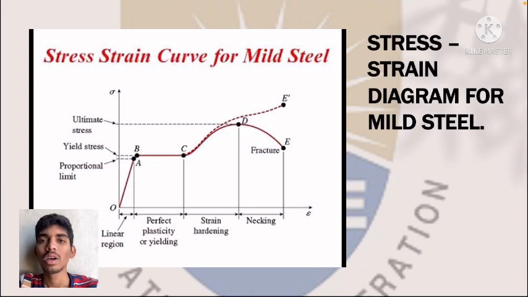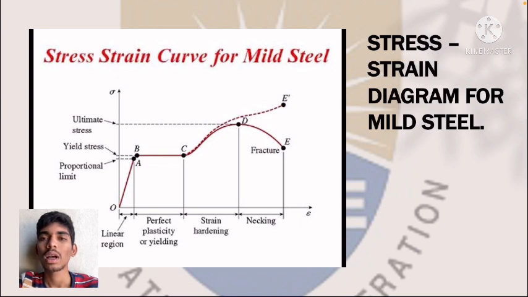When we apply the load, it travels from 0 to A, where A is the proportionality limit, and then it further travels to a point B. This is the yield point, B, and then it goes to C, where the region between B and C is perfect plasticity, all yielding, and the point C is called yield stress.